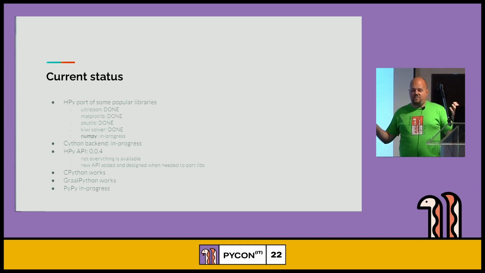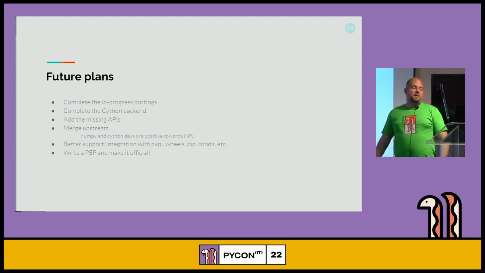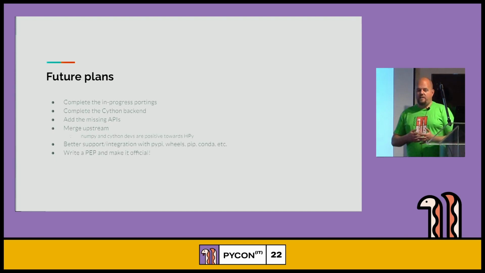And yeah, as I say, the new APIs are added on a by need basis. For hpy 0.0.4, it works on CPython and GraalPython, and it's in progress on PyPy. I hope to complete it very soon, basically. Future plans: we want to complete the ports which are in progress and hopefully support more.